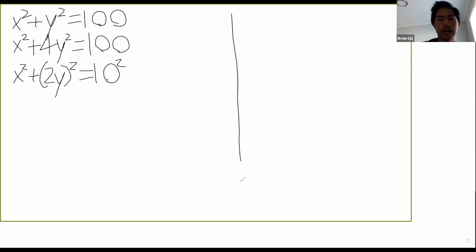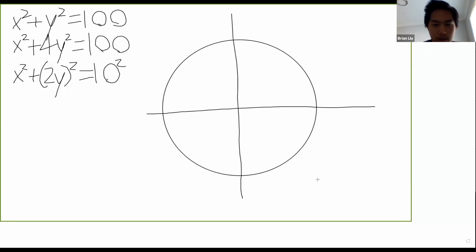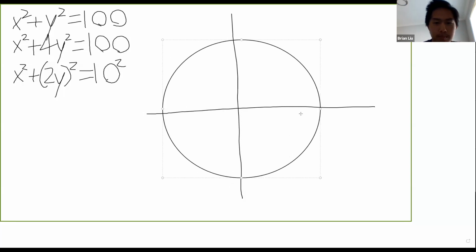So originally we had a circle like this, where it's centered at the origin and it has radius 10.